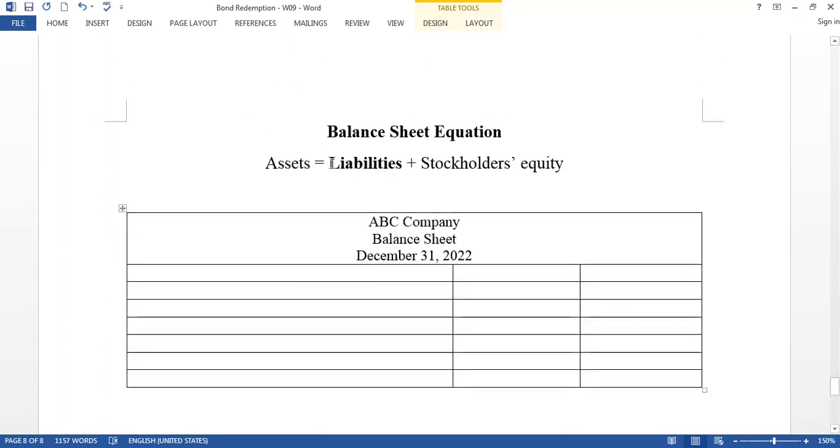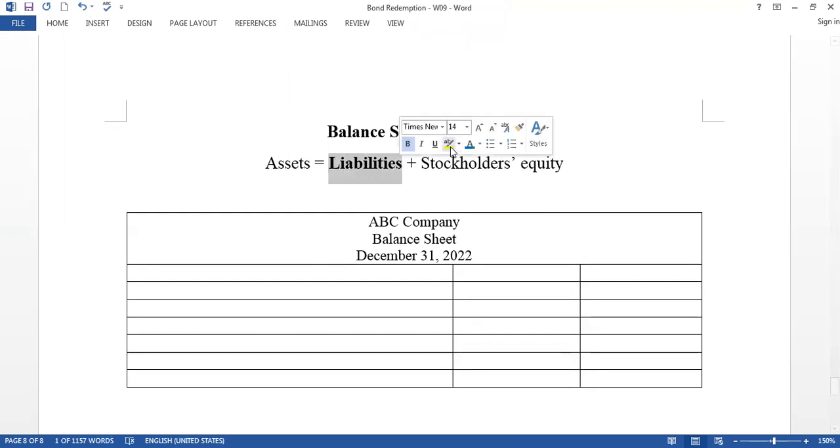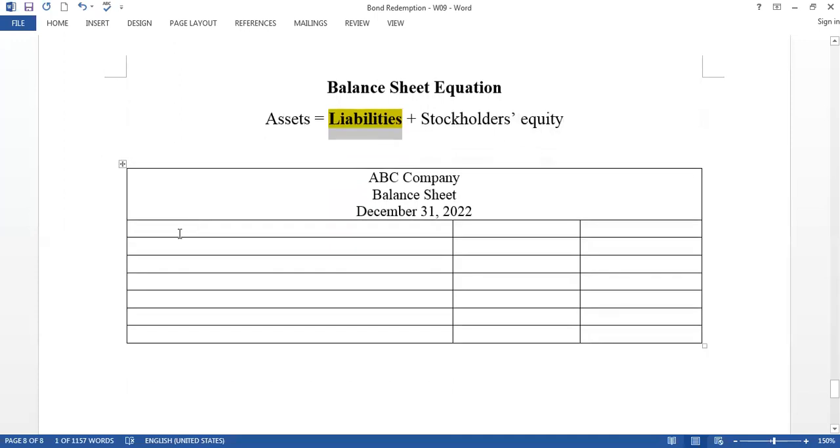I am going to show you only this part because we are handling this part at this moment. I am not going to show you how to report assets or stockholders' equity. I am going to show you only how to report liabilities, right? So our title here is liabilities.